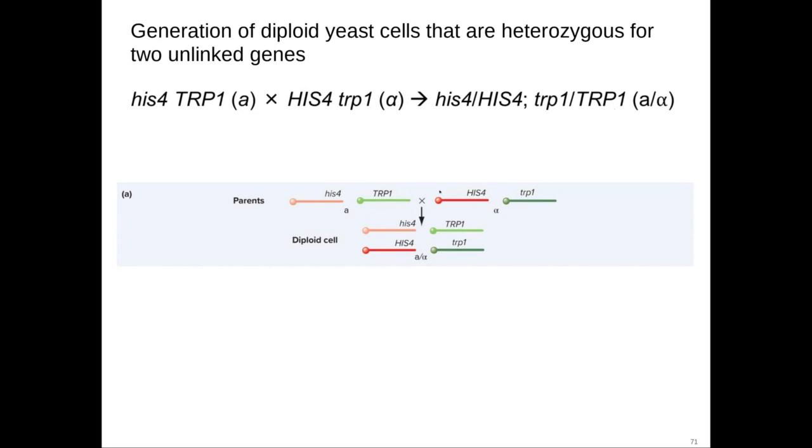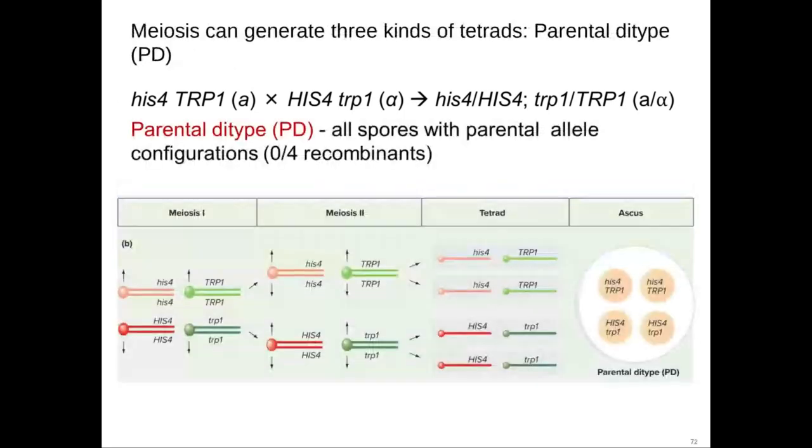So we have this diploid organism that is again a hybrid, right? A dihybrid, right? It's got the recessive and the dominant together, which is pretty cool. Now, meiosis itself can generate three distinct kinds of tetrads from that, as we saw in a previous slide.